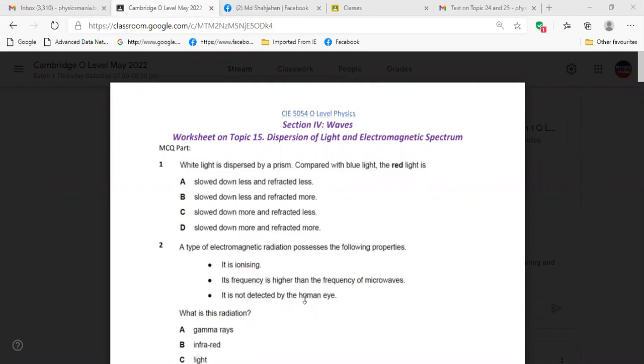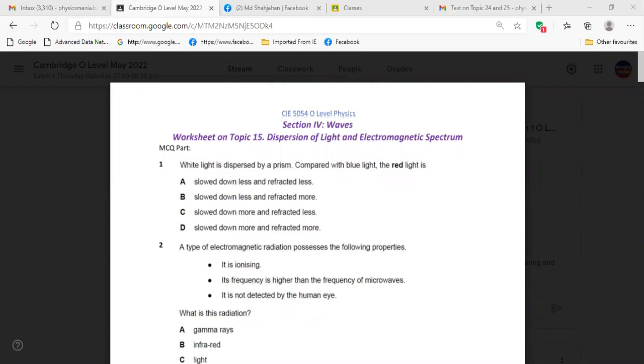Question number 5 to 8 was our homework, right? Yes, sir. Can you read question 5? White light is... wait, where is question 5? It's shown as number 1.